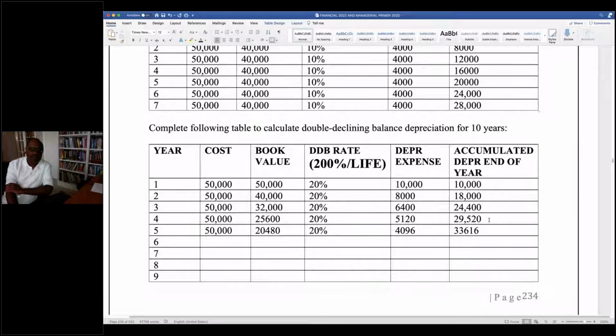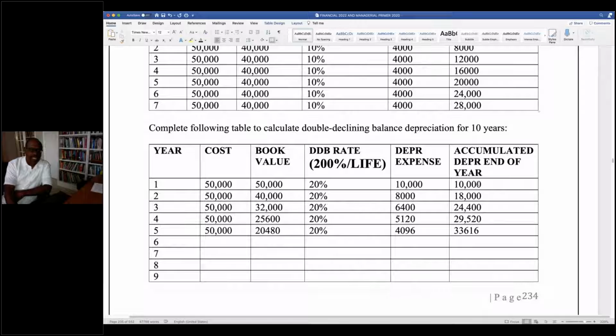So we're multiplying, in a way, that 20% with the book value. I'm just trying to break it down so I know. Let's go back to year 1. Cost is 50,000, so the book value was 50,000. We took 20%, multiplied by 0.2 to get 10,000.